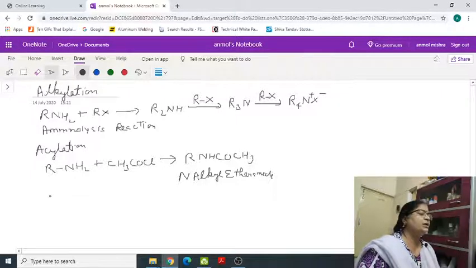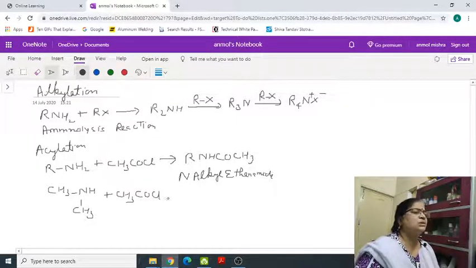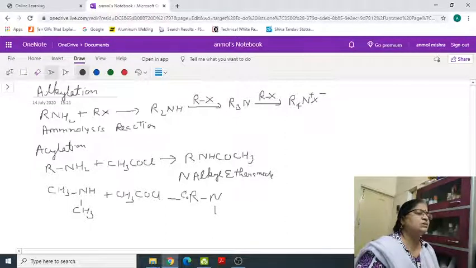If we take a secondary amine, then it forms this, this is CH3.